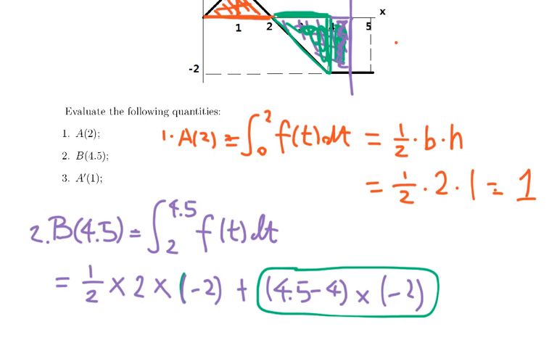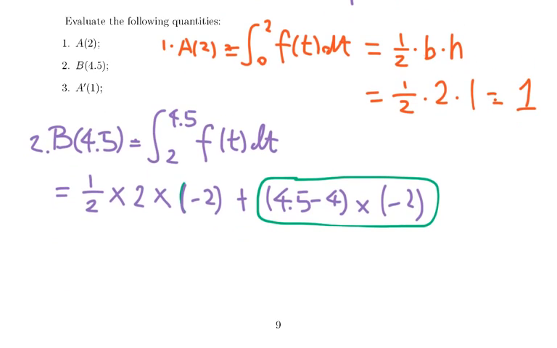There's no 1/2 factor. Okay, so if we do the calculation, we will see it is -2 plus this part is equal to -1, and we have B(4.5) is equal to -3.